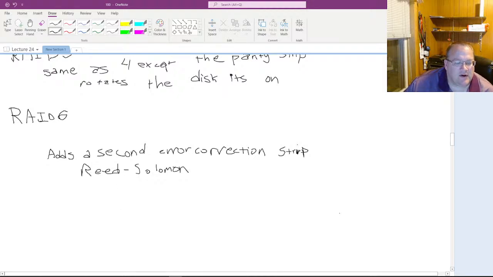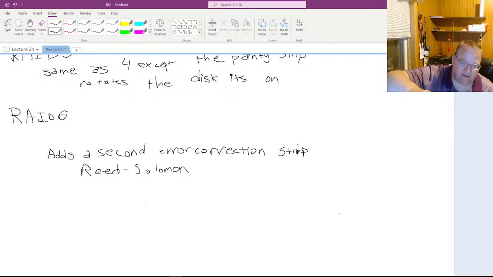So we're not going to talk about how this works, the Reed-Solomon. But what happens is it has one parity strip on one of the drives, and then it has an additional independent error correction strip that uses Reed-Solomon. And so it's not a parity bit, and so it's a different system.